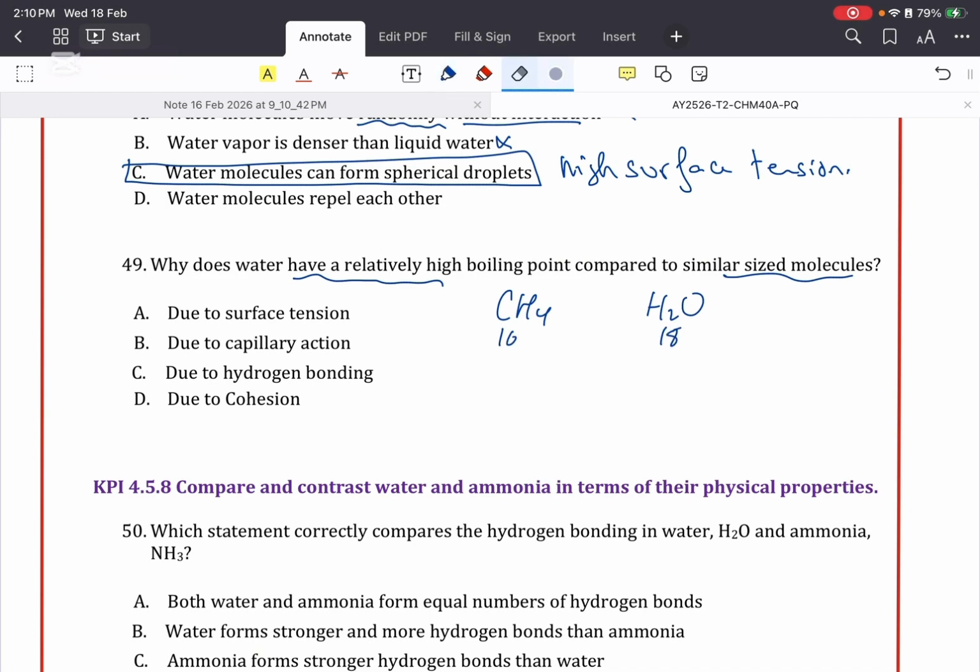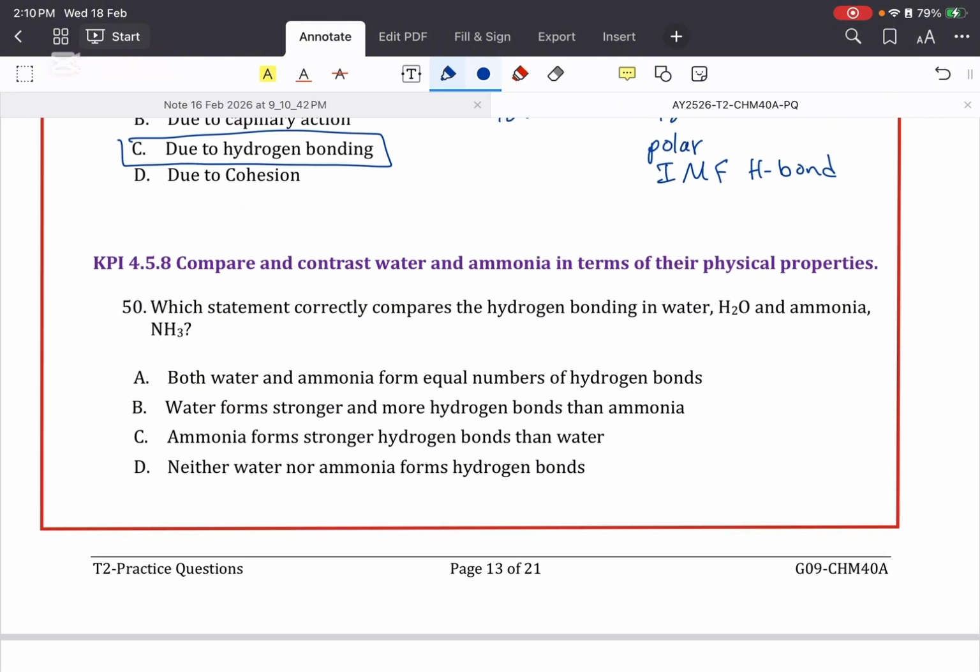So basically it's pretty close, but this one's boiling point is very high, like 100. This one is below 0 Celsius, I think. It becomes gas. And the reason behind that is that water is polar. Water is capable of making strong intermolecular forces called hydrogen bonds. So the presence of these hydrogen bonds is what makes the boiling point or melting point of H2O very high.